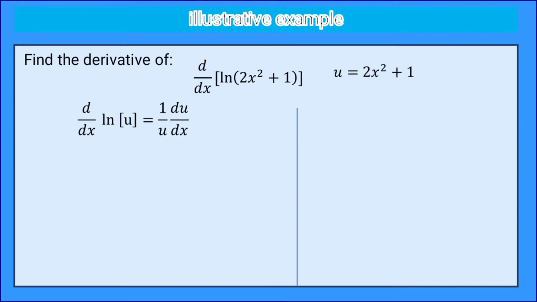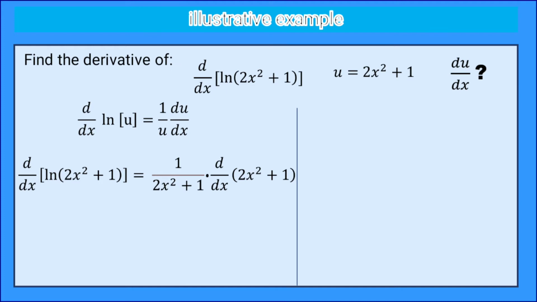And very clear that our u is 2x squared plus 1. And we also need to get the derivative of 2x squared plus 1 to get the du over dx. So it will become 1 over 2x squared plus 1 times the derivative of 2x squared plus 1.